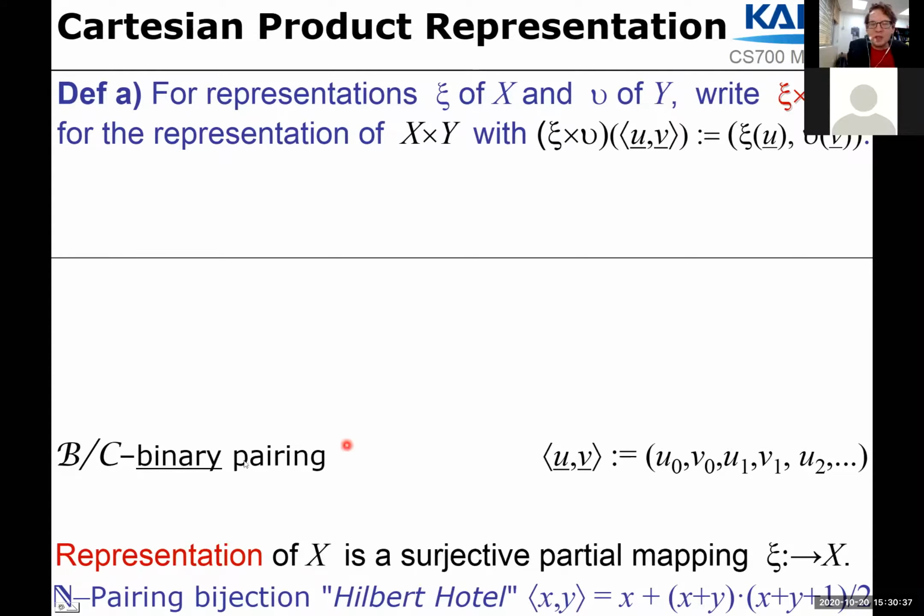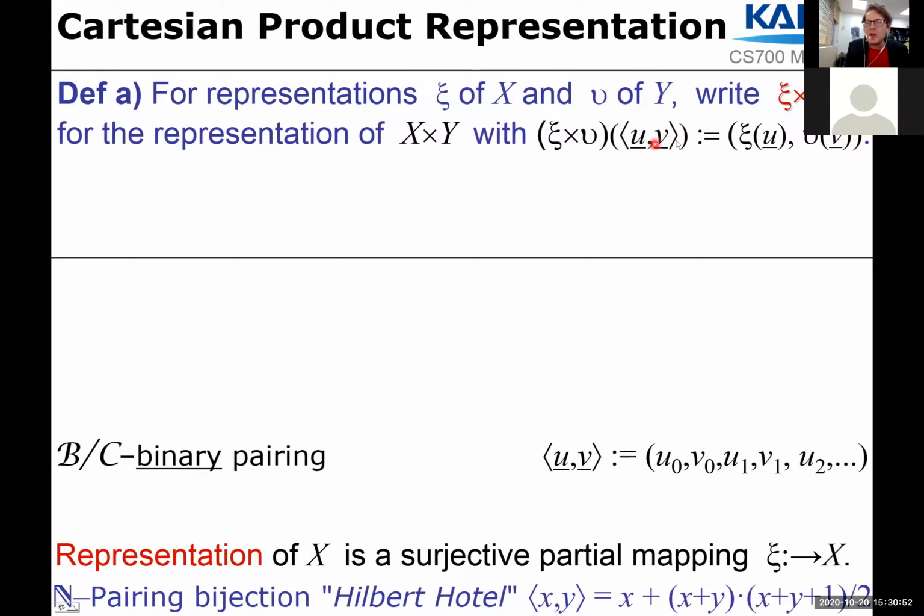But this is also nice to be called a pairing function because it bijectively maps pairs of elements from the same space to one single space. And this is what we use here.